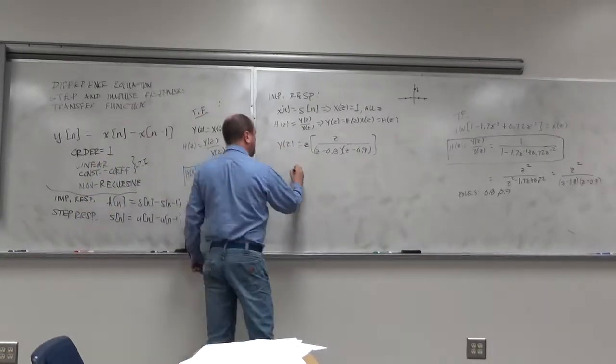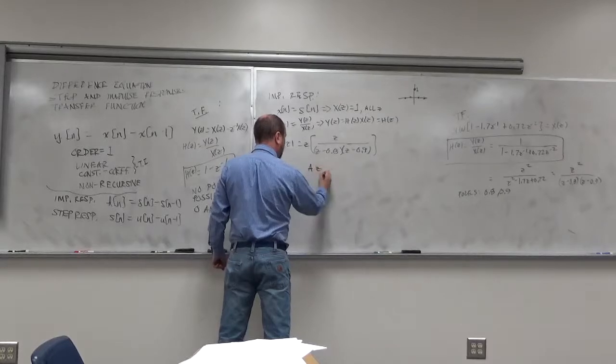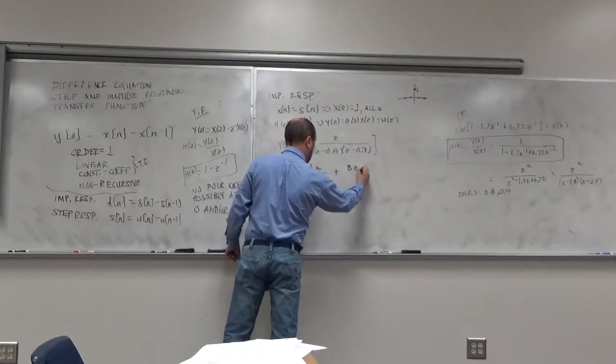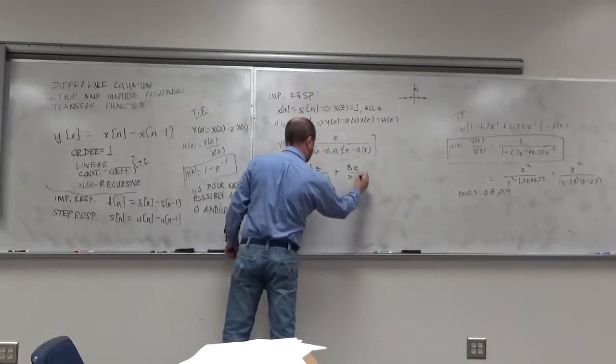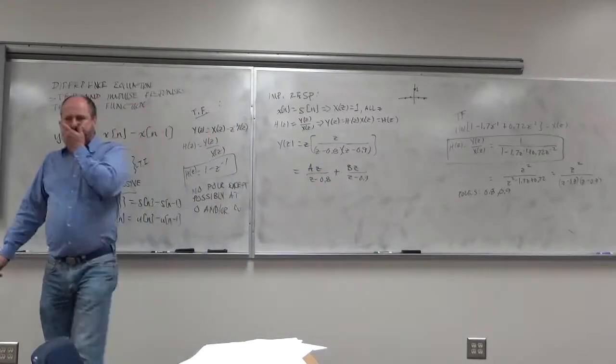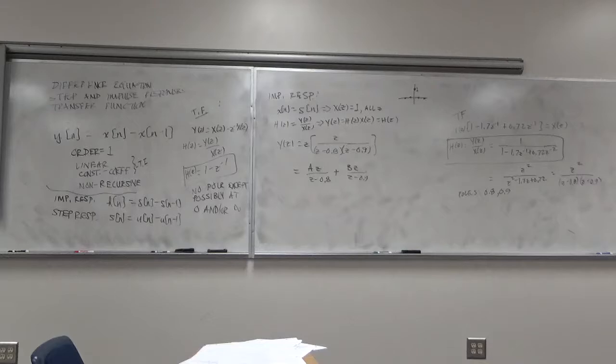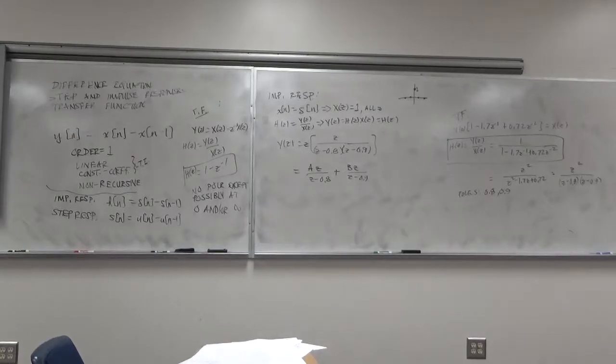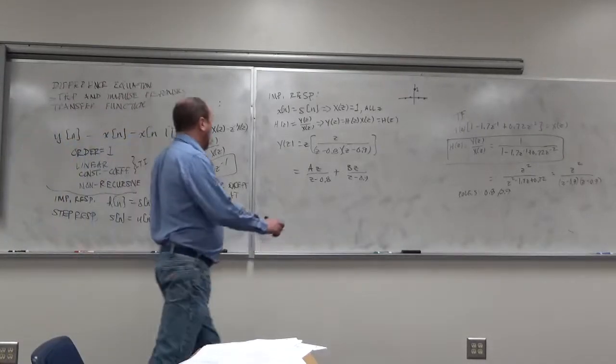So, we need that z so that we can write A z over z minus 0.8 and B z over z minus 0.9. And can we use the cover-up method for this? Yeah. Right? Only reason we couldn't use the cover-up method is if, what? We had repeated poles. Okay? We don't, so we're good.